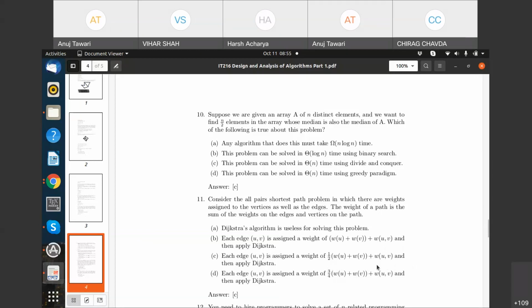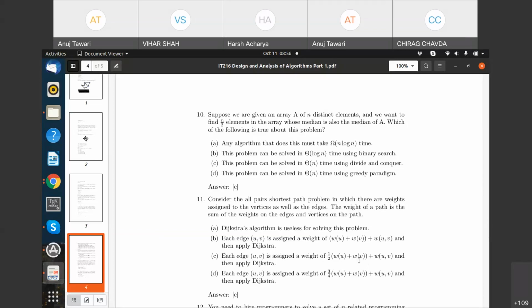So apart from the starting vertex and the end vertex, every vertex is appearing twice. Okay. And therefore you need to put this half so that that particular vertex weight you will get on this shortest path. So finally, what we will get is half of the weight of the starting vertex plus half of the weight of the final vertex plus the weight of the intermediate vertices on that path.